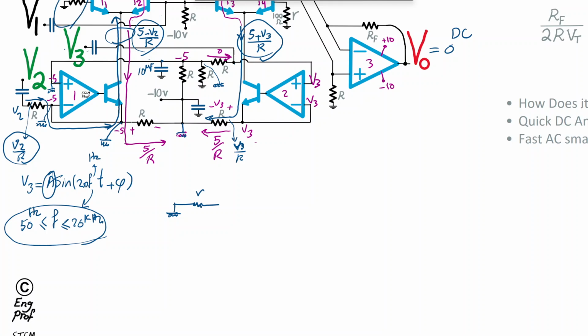For the resistor R, and transistor T1, we have this scheme, with a combination of DC and AC current: 5 minus V2 over R. The 5 over R portion is the DC contribution, and the minus V2 over R is the AC contribution, a small signal, for the current going this way effectively.